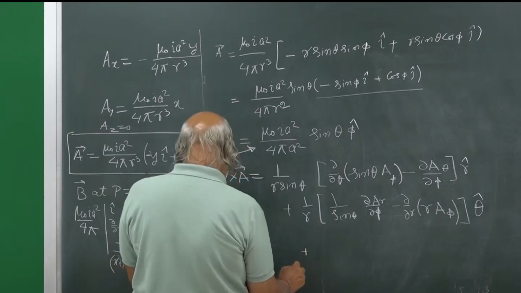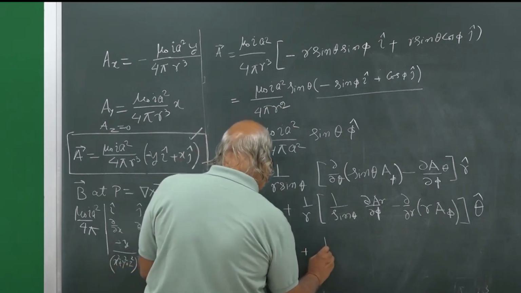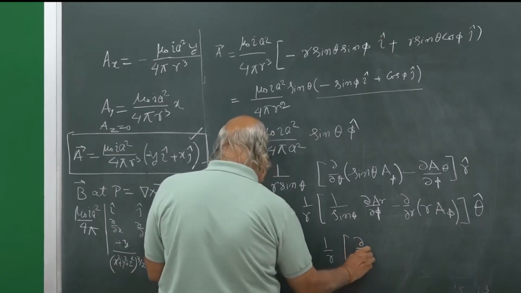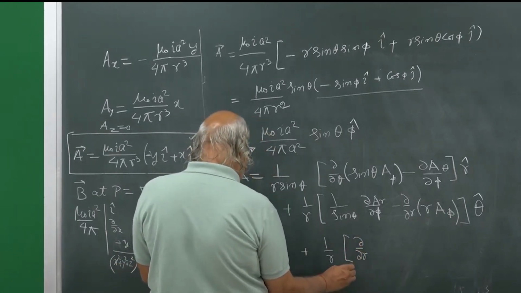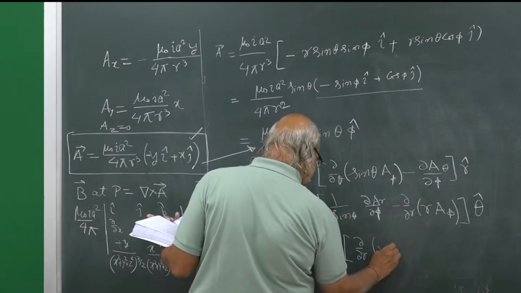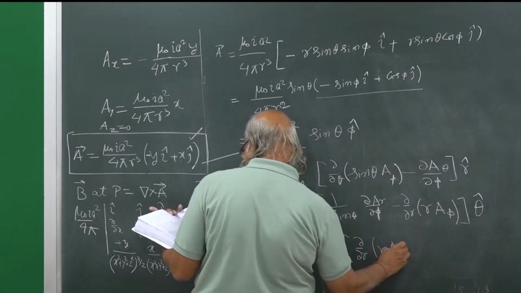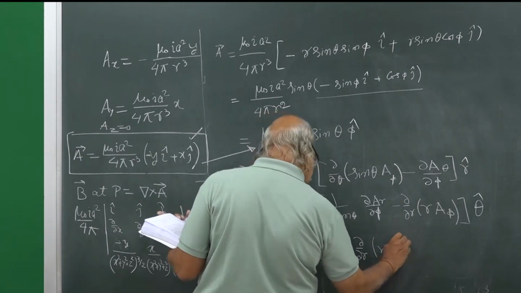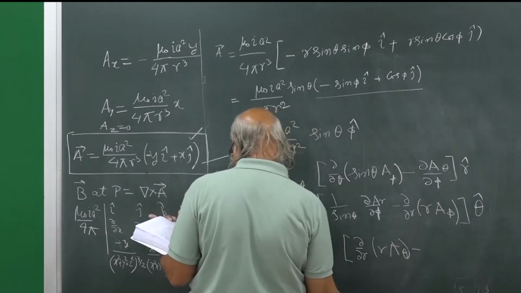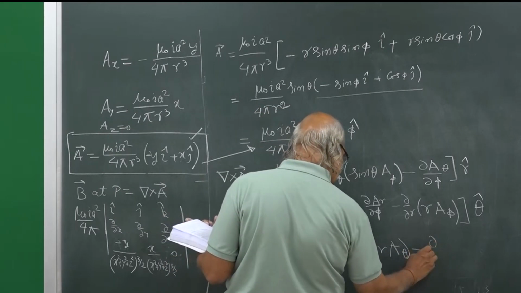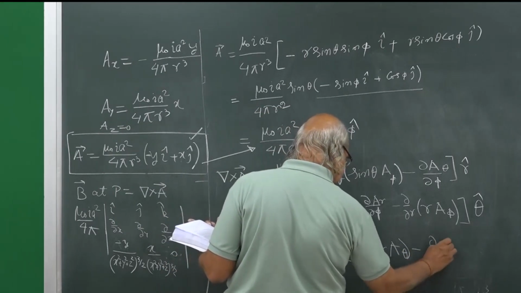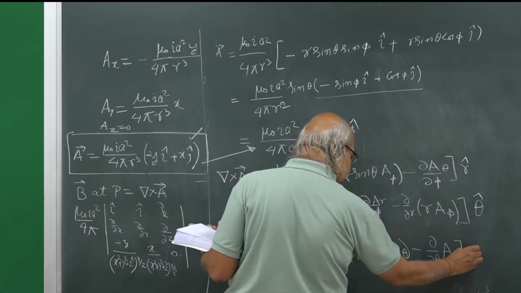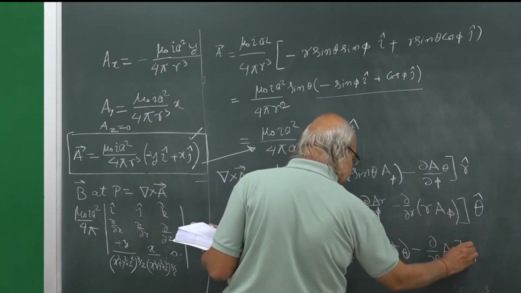And finally you have 1 by r, del r of r A theta, minus del theta of A r. Long expression, r theta phi. So this is phi cap.